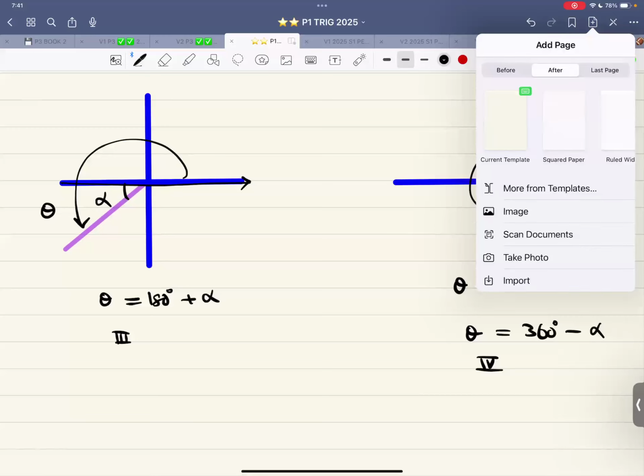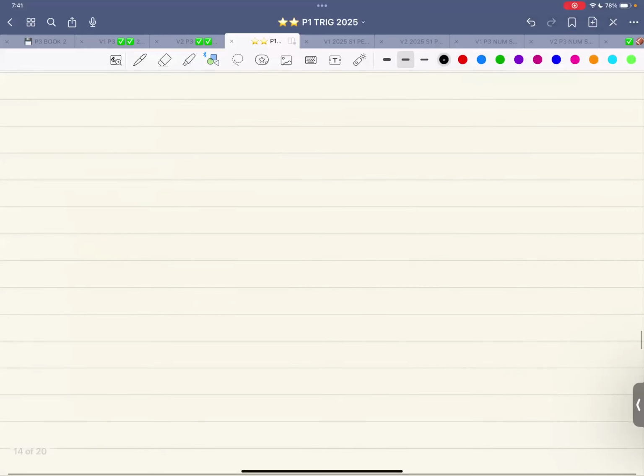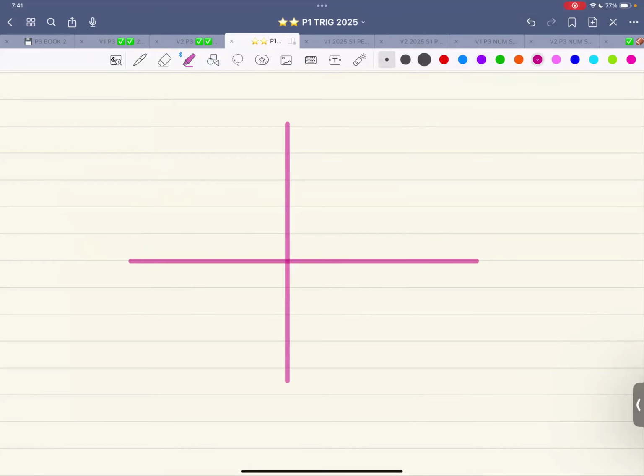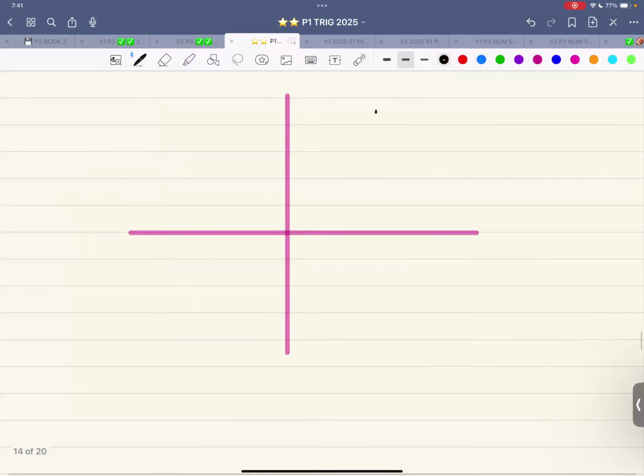Again, I need one single diagram to sum it all up. What is the summary? That is the x-axis, that is the y-axis. In the first quadrant, theta is alpha. In the second quadrant, theta is 180 minus alpha.